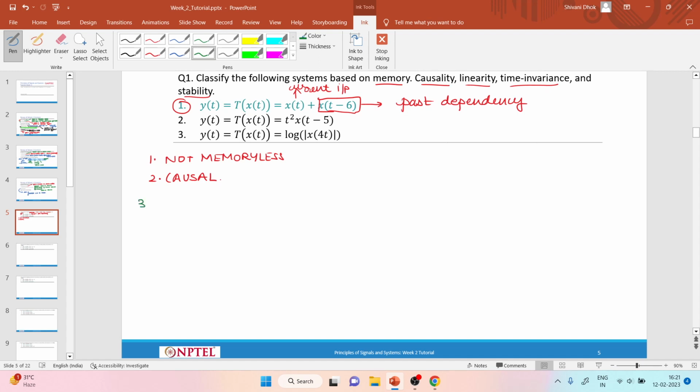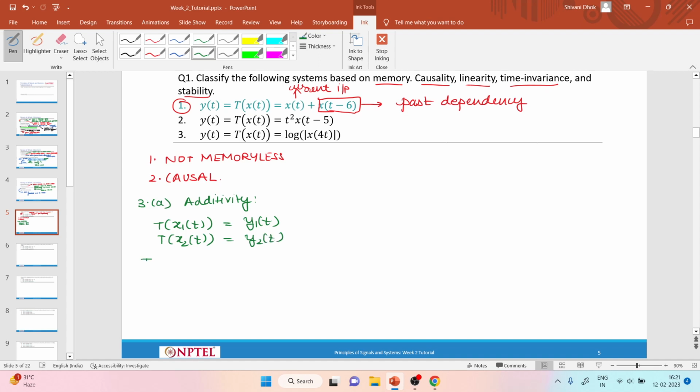Suppose my input is x1 of t, then the output of the system, let's say, is y1 of t. Similarly, for x2 of t, let's say the output of the system is y2 of t.